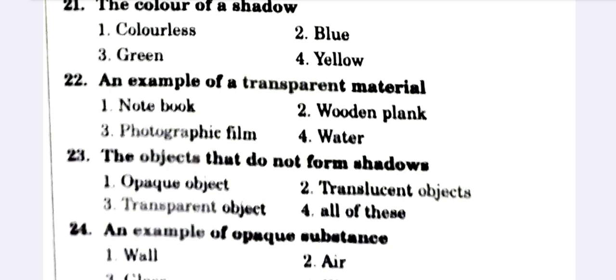So notebook is not a transparent material, wooden plank is also not a transparent material, photographic film is somewhat transparent, but it gives the image which is caught. So here the transparent material is water, because it will not show any image on it, so it is a transparent material.